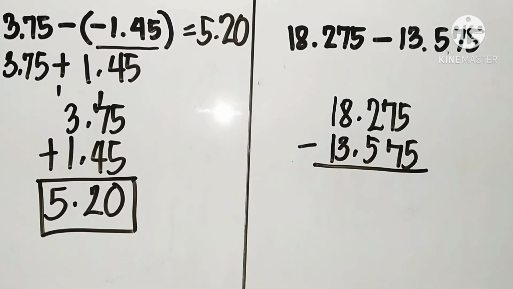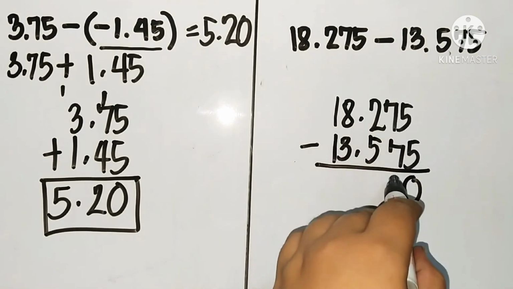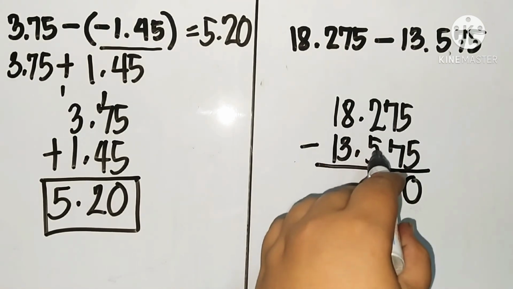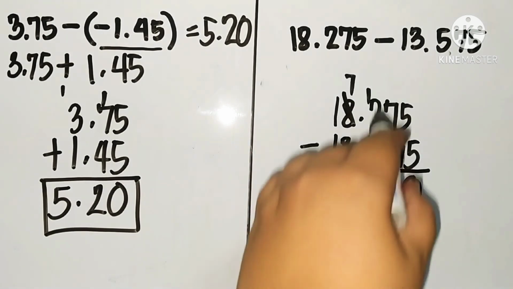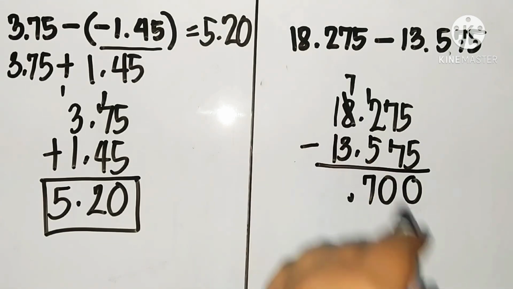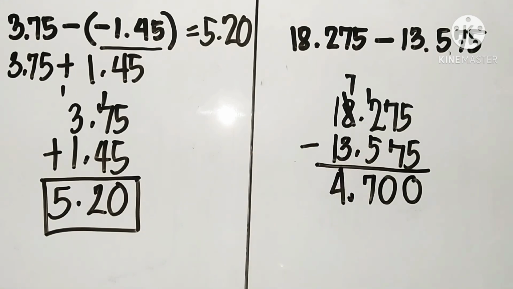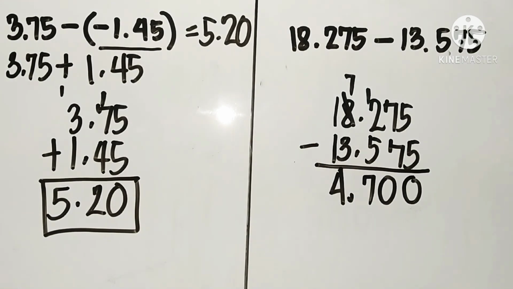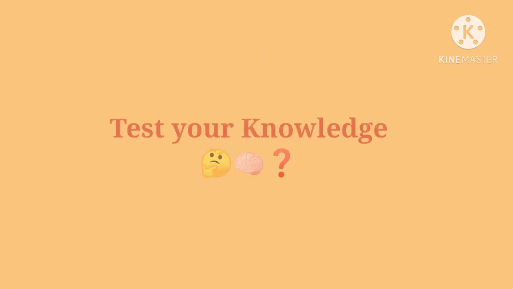So, subtract 5 minus 5, that is 0. 7 minus 7 is 0. So, 2 and 5 cannot be. So, we'll have 7 and this will become 12. So, 12 minus 5 will become 7. 7 minus 3 will become 4. 1 minus 1 is 0. Ang sagot natin, hindi yun na kailangan include yung dalawang 0. Magiging 4 and 7 tenths. Yan na yung sagot natin.